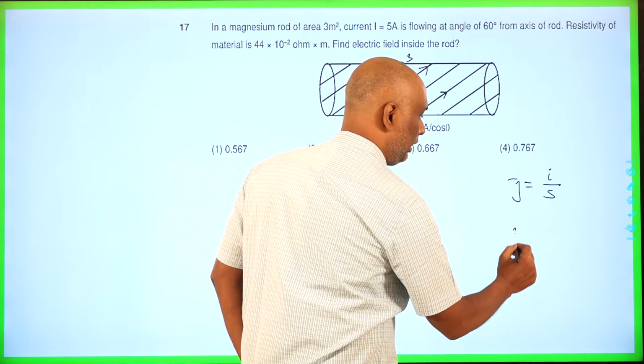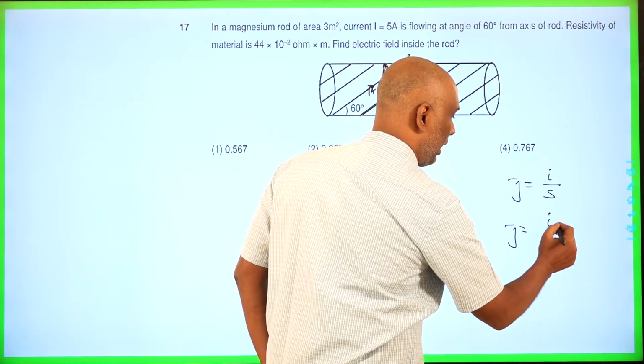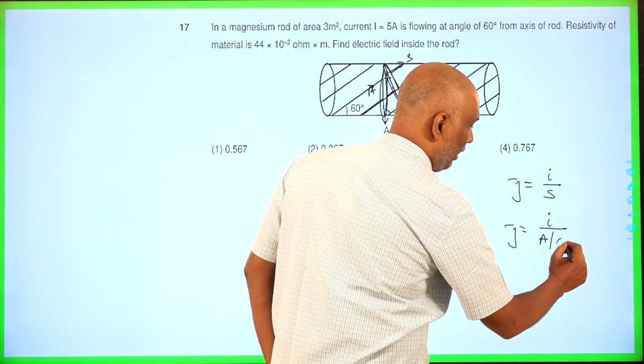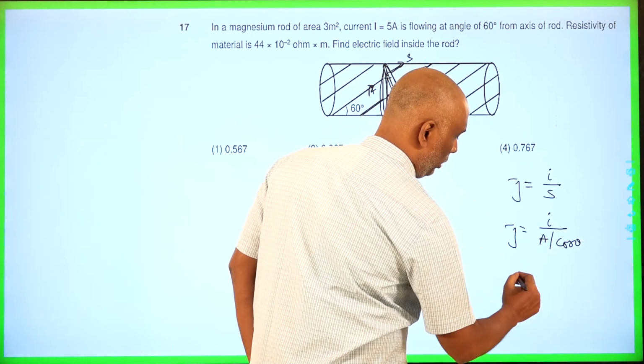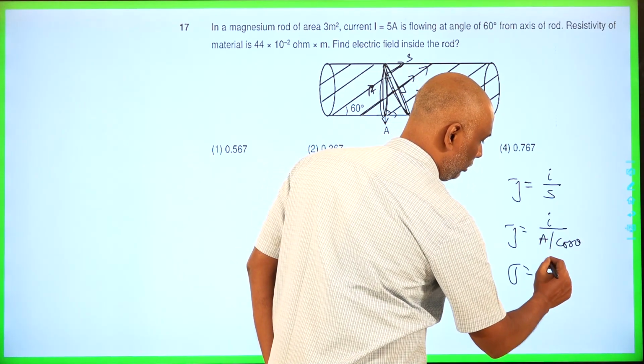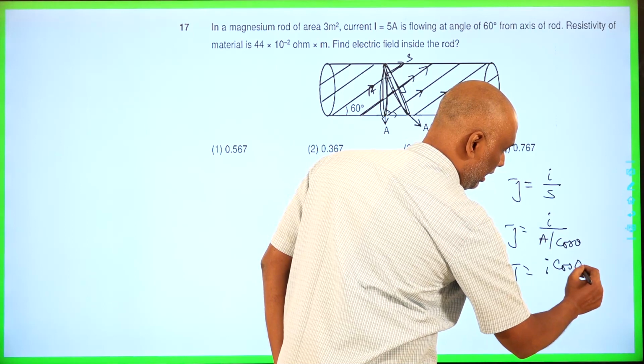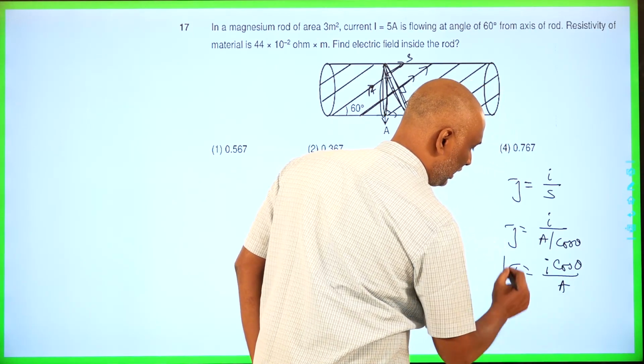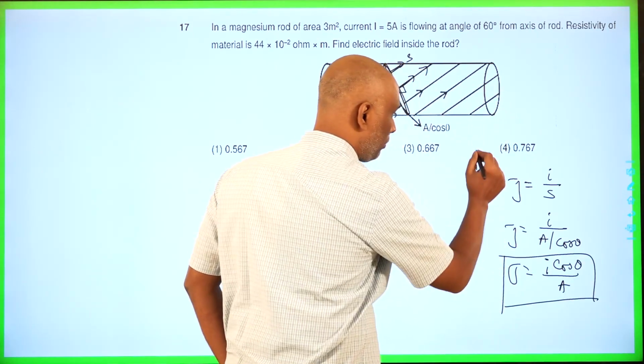So the current density at a point becomes I divided by A divided by cos theta, so J equals I cos theta divided by A. This is the expression for current density.